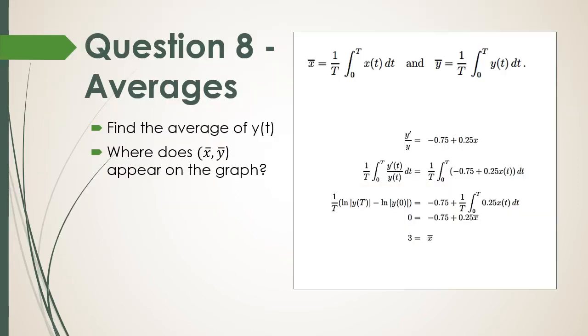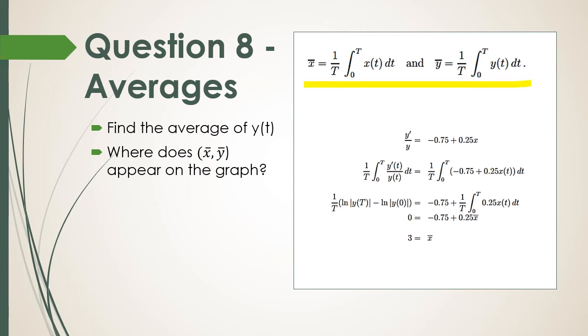So from the previous question, we see that the populations are in fact periodic. And so we can find an average value of the populations for each given period using the formulas described here at the top of the page.